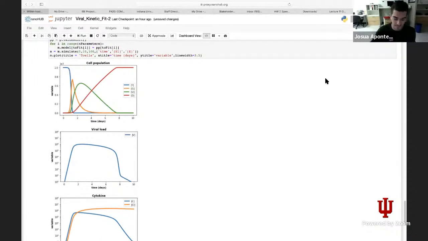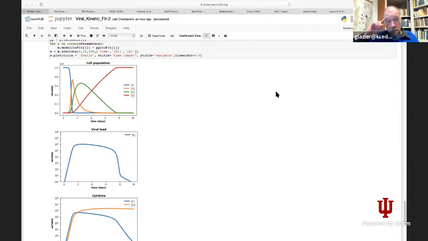Yeah, I'm here. So this is what I was saying about optimizers. We're starting from a situation in which all the cells die, and anywhere nearby in parameter space, all the cells still die. So the optimizer has no way of knowing what direction to move in parameter space to make the cells not die, and so it gets stuck. It gives up. So what I was trying to do was to say, we know that if I make the virus less infectious, fewer cells should die.